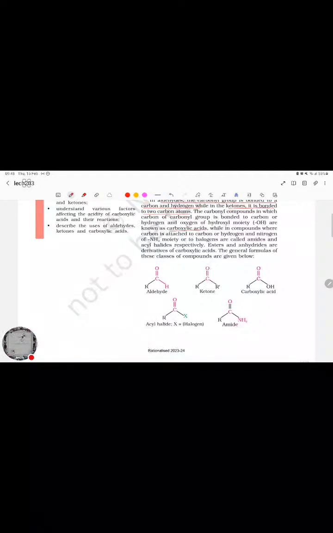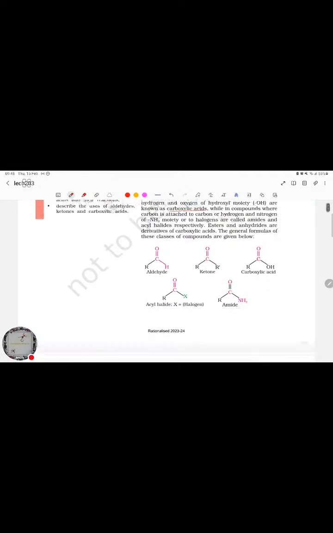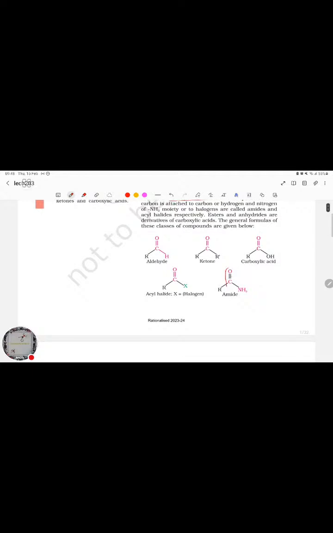So basically, if it is bonded to an NH2 type of group, see here, the carbonyl group is bonded to a carbon or hydrogen on one side, and on the other side we have an NH2 group, it's called an amide, because an amide is a type of amino functional group compound bonded with an sp2 carbon. And similarly we have acyl halide, where one of the atoms bonded with the carbonyl carbon is going to be a halogen. So that's the important part.